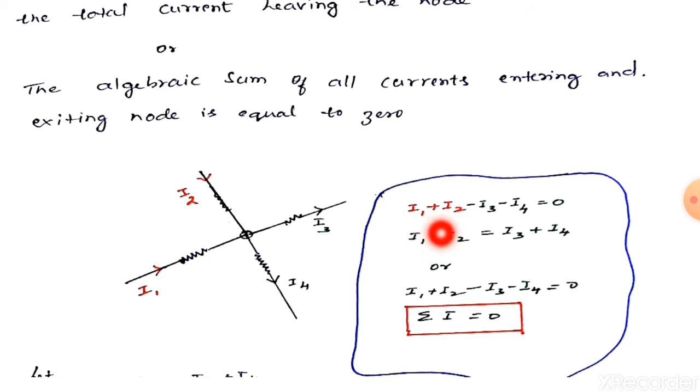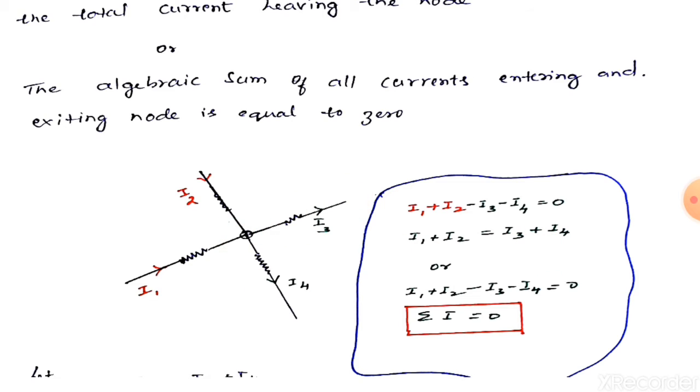Therefore I1 plus I2 minus I3 minus I4 is equal to 0, or I1 plus I2 is equal to I3 plus I4. So what is I1 plus I2? The sum of the total current entering into the node. I1 and I2 entering the node is equal to I3 plus I4.